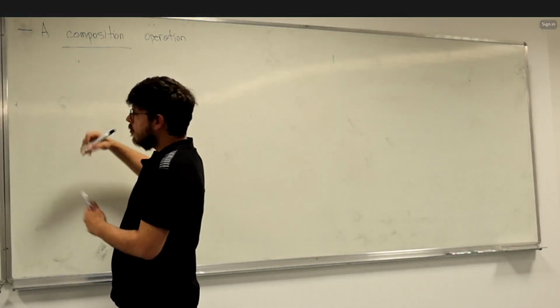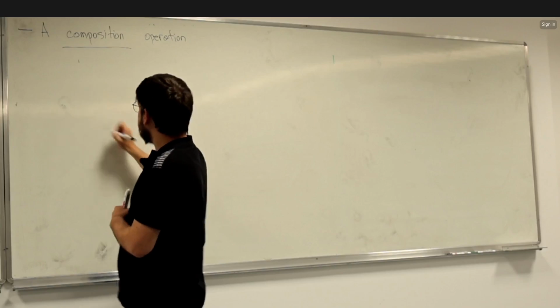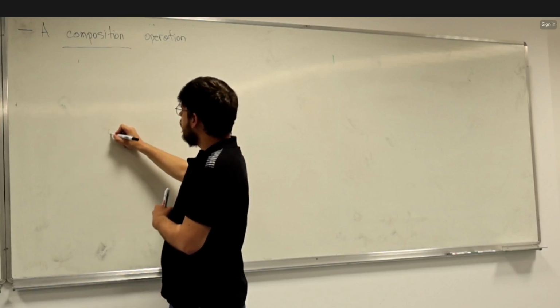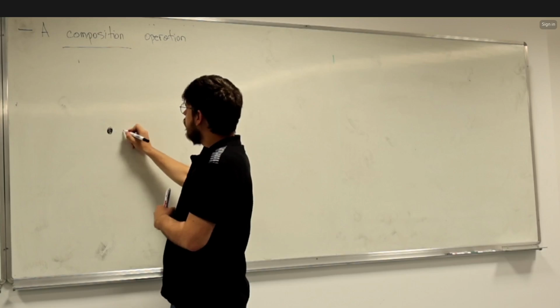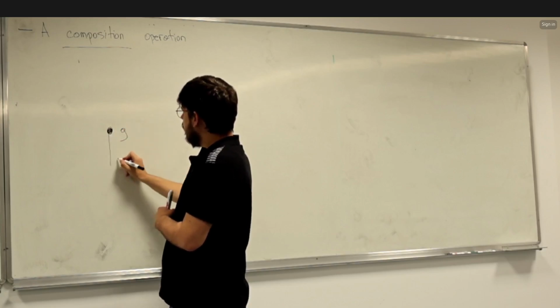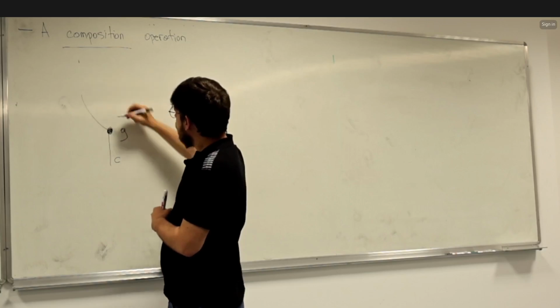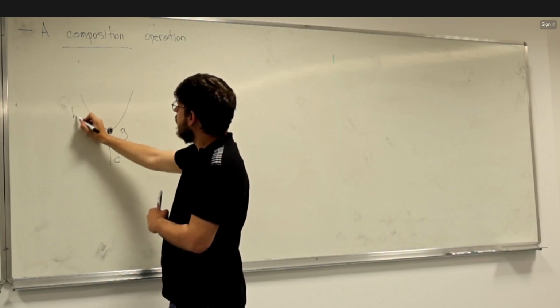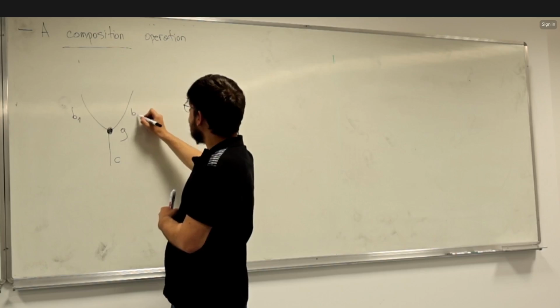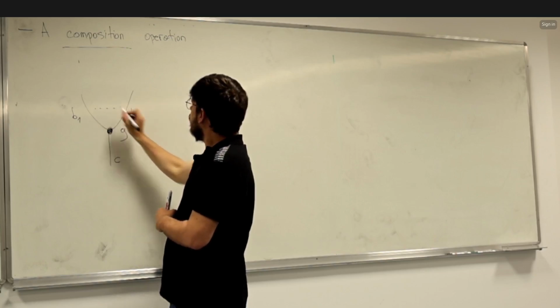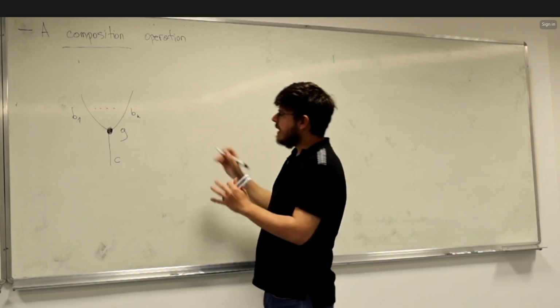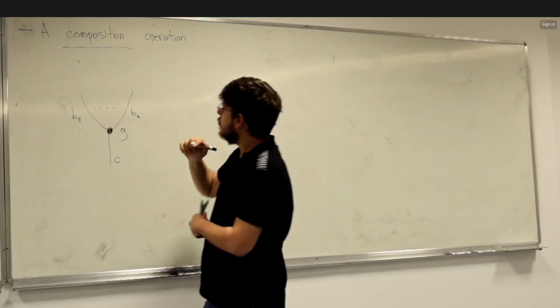So what are composable things in an operad? Well, let's say you have an operation G, with target C and B1 up to BK as source.